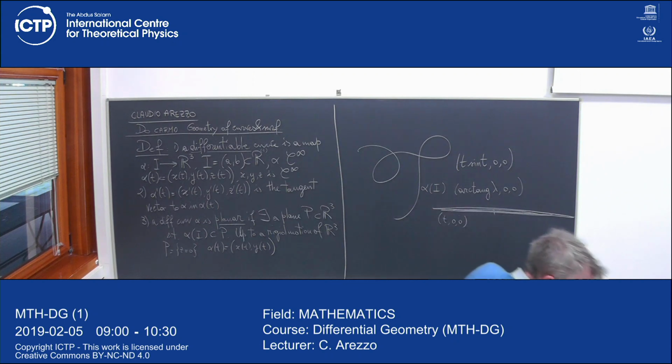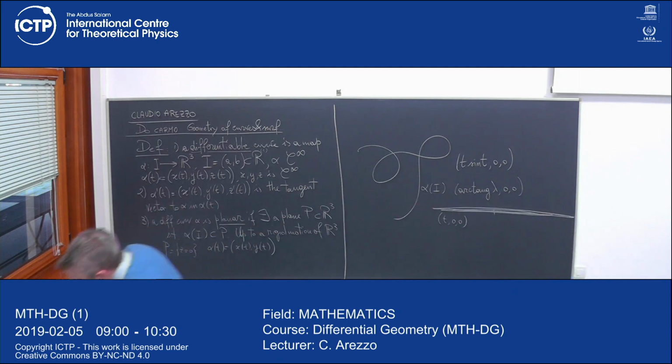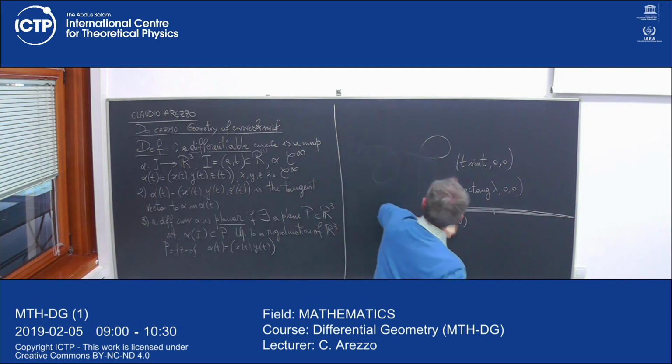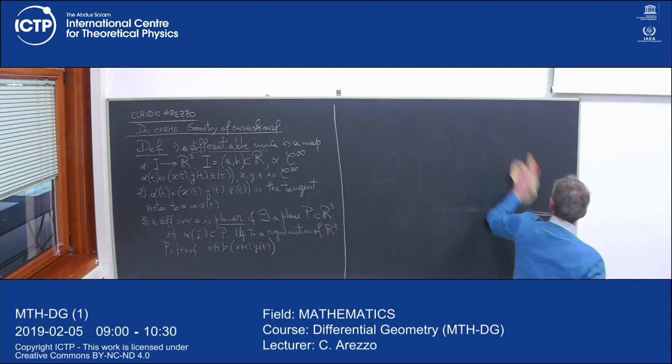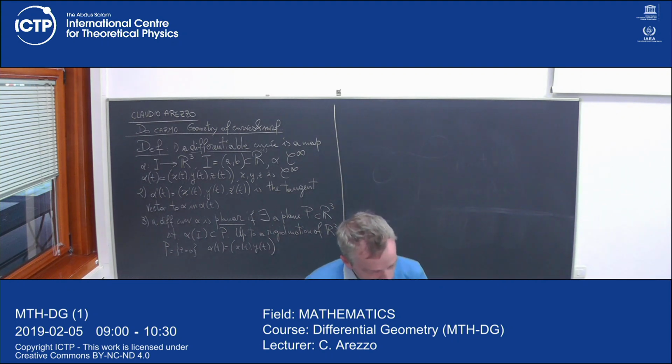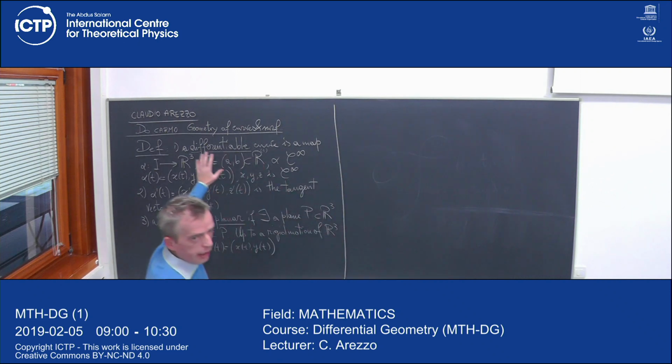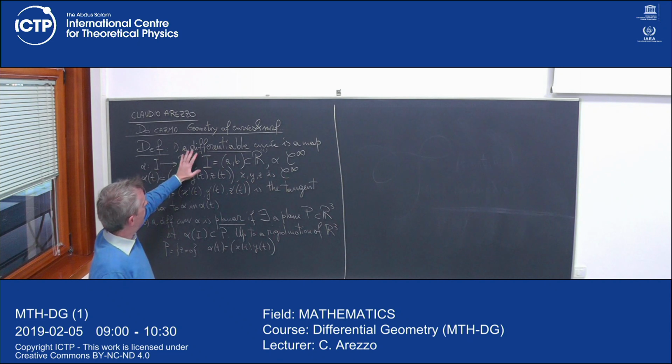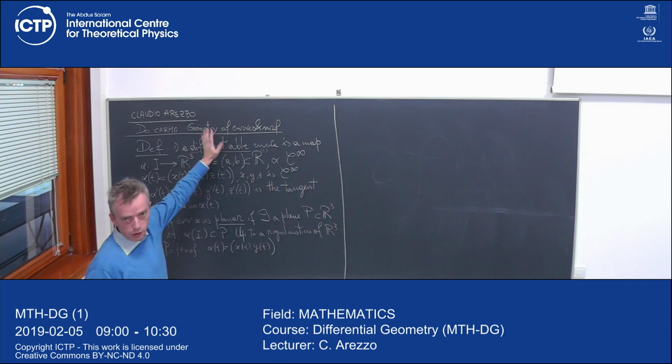Good. First thing. Now intuitively, we don't know how to phrase it, but we have some kind of intuitive idea of what it means to be a smooth curve. Here there is written differentiable or smooth. These two words are equivalent.